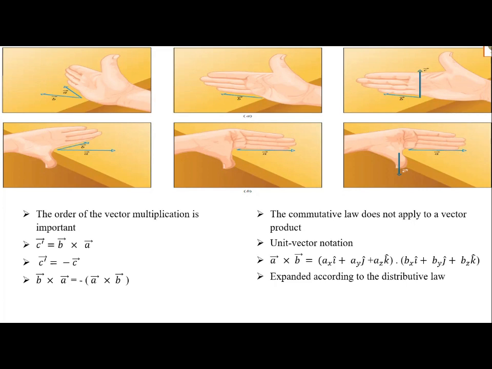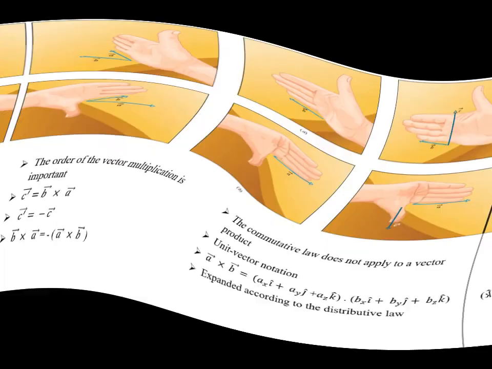In unit vector notation, we write A cross B is equal to (AX i hat plus AY j hat plus AZ k hat) cross (BX i hat plus BY j hat plus BZ k hat), which can be expanded according to the distributive law, that is, each component of the first vector is to be crossed with each component of the second vector.